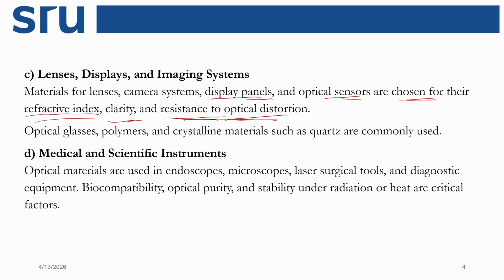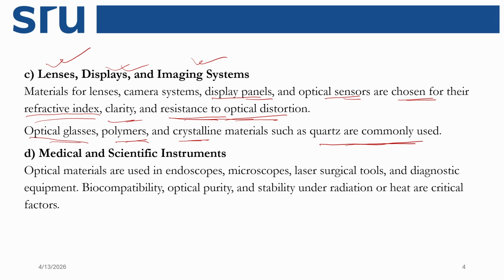If these properties match, the material can be used in this section, that is lenses, displays and imaging systems. Optical glasses, polymers or crystalline materials such as quartz are commonly used for these purposes.